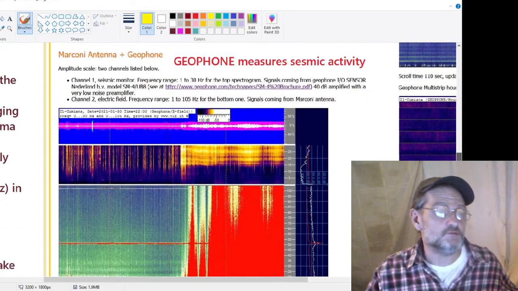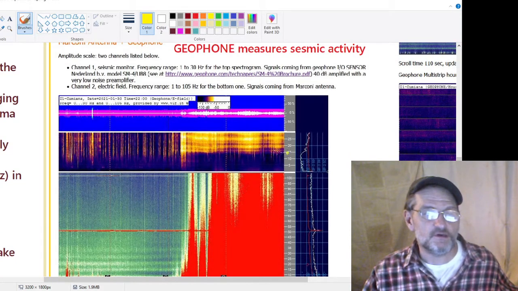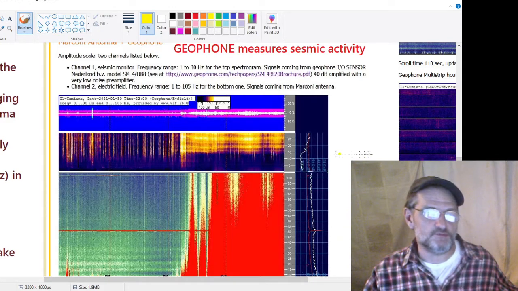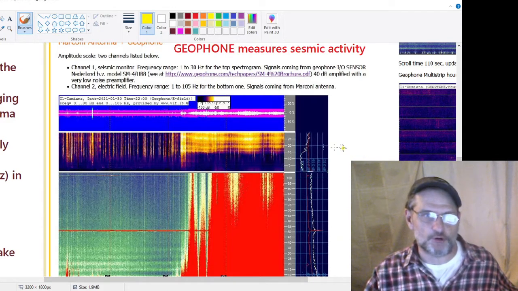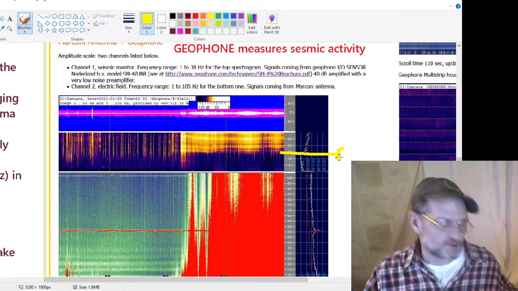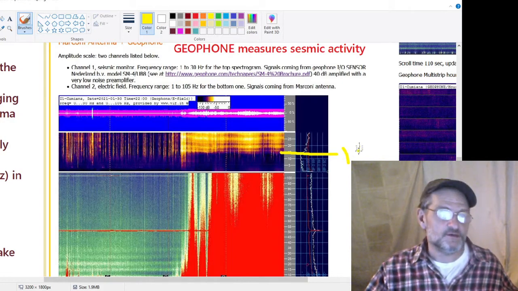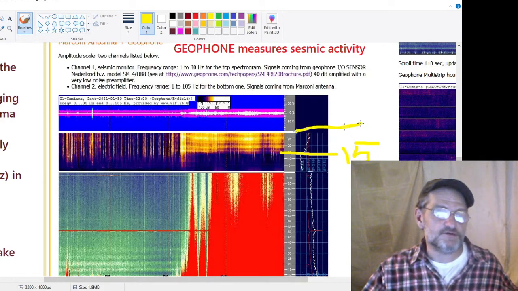So we're looking at the seismic monitor, the seismograph. So this is 15. And this here is 30.